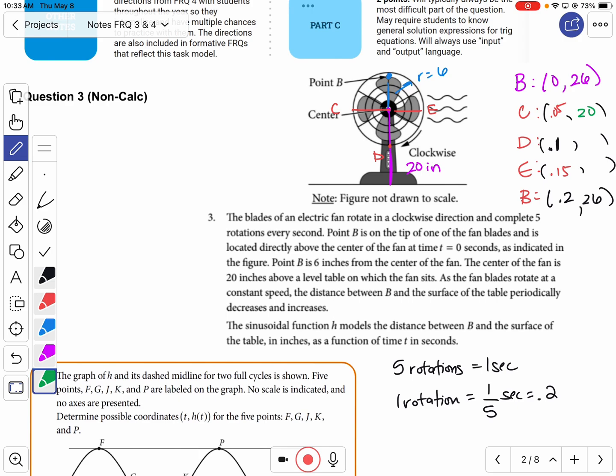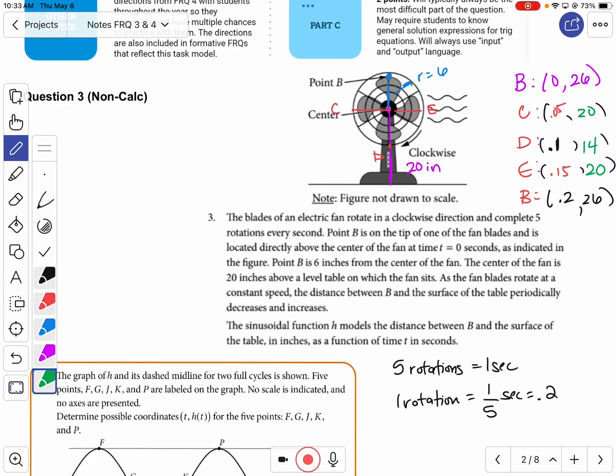When I go to point D, how much more do I lose from the 20? 6, which would give me 14. Then I'm going to start to gain some height. So when I get over here to point E, what is that going to give me? 20, and then I should land back at 26. Okay? So I write those points based on what the picture tells me before I assign them to the graph. Okay? That's what I do.